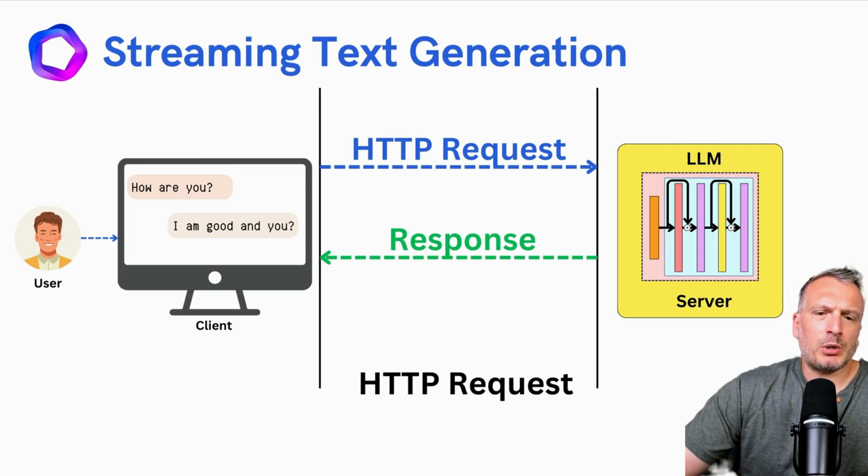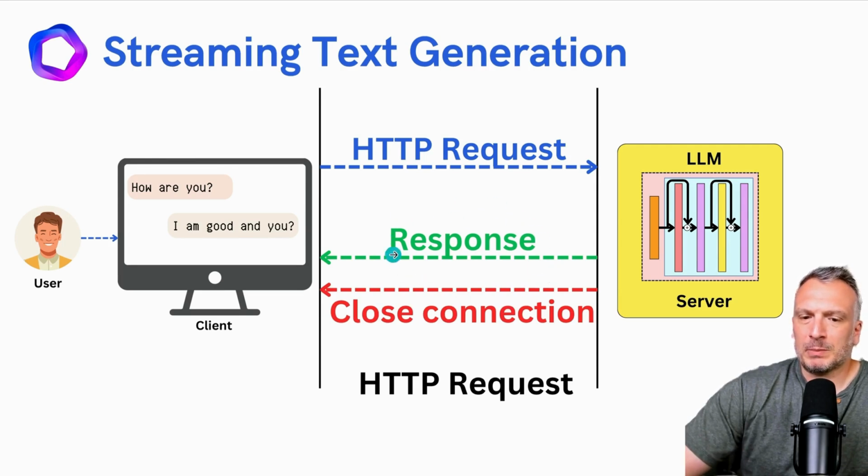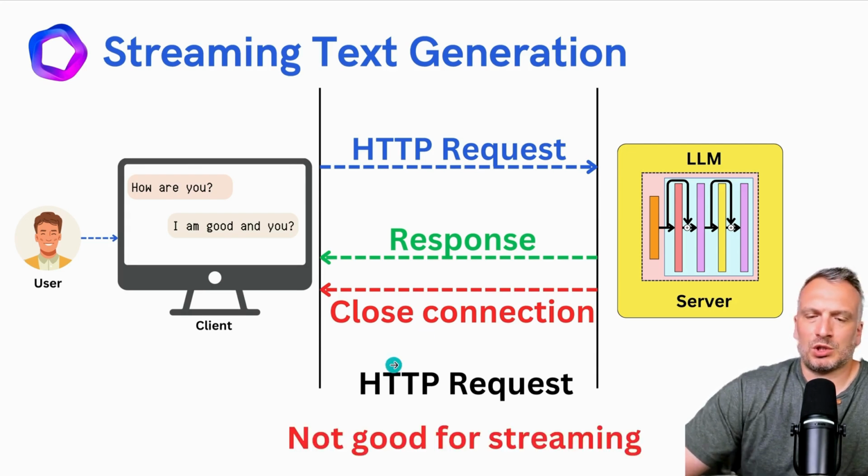HTTP requests are good to get one response from one request, because after we get the first response, the connection gets closed. So this is not the best option when it comes to streaming. With HTTP requests, you can have long polling and wait for responses to be sent to the user, but it's not the best option for a streaming application. So not great for streaming.